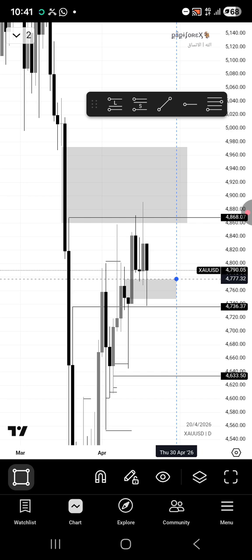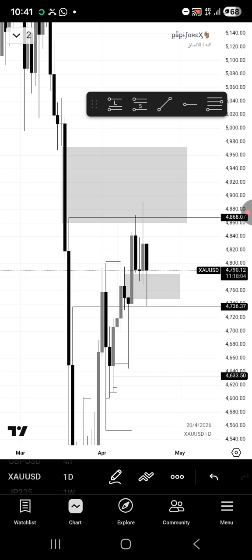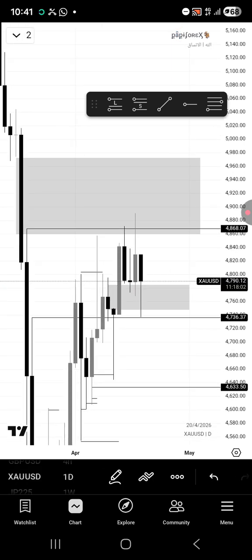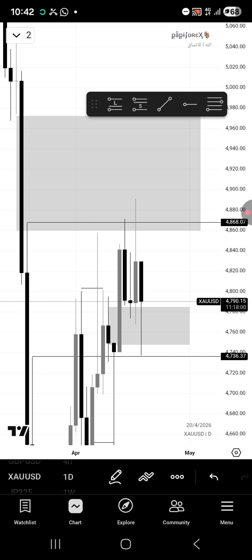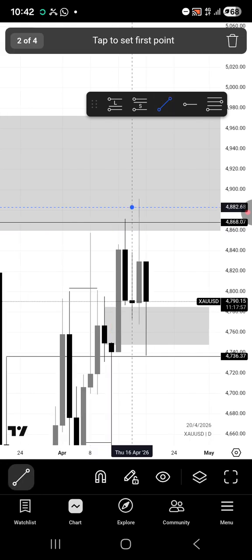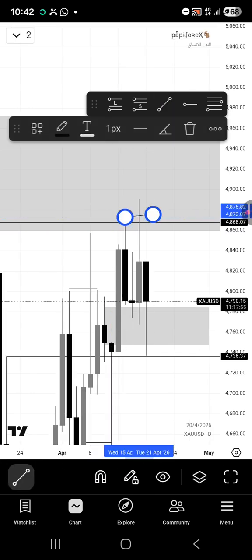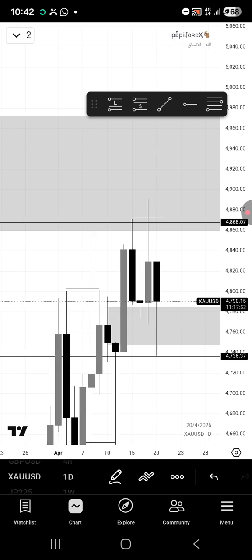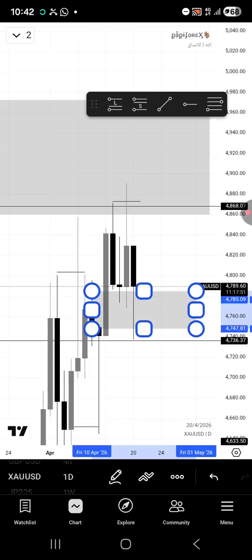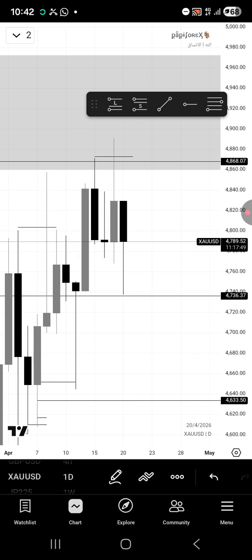I think it's already used. Oh, my bad. The fair value gap is used already, because that was what caused this sweep here.